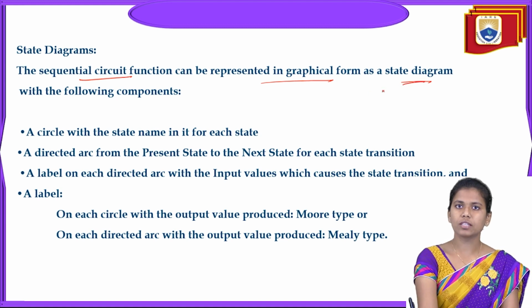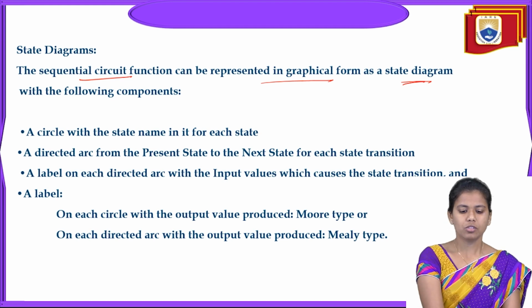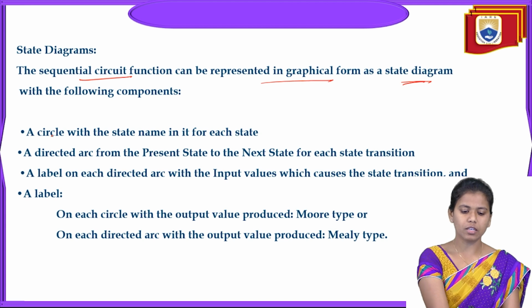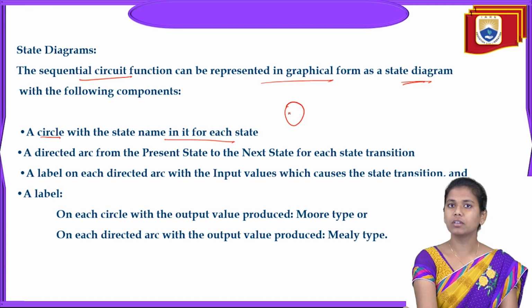Using the state diagram, we can easily analyze the transitions between the different states. Here in the state diagram, you will be observing circles: a circle with the state name in it for each state. So each state will have a circle.